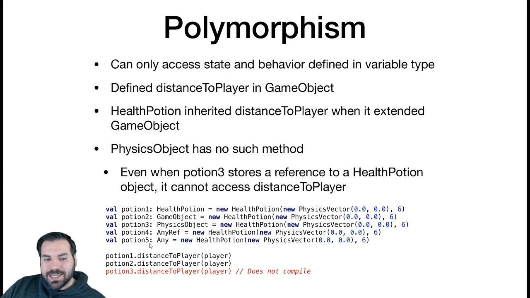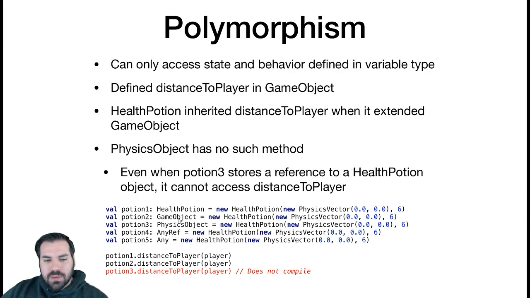If we go all the way up to the any class, we can't really access much functionality at all. We have a few base methods that exist in every single Scala class because they're defined in any. We'll talk about 2 of those later in today's lecture, the toString method and the equals method, which are called whenever we print something to the screen or when we say equal equal. That functionality exists for every single object in Scala.